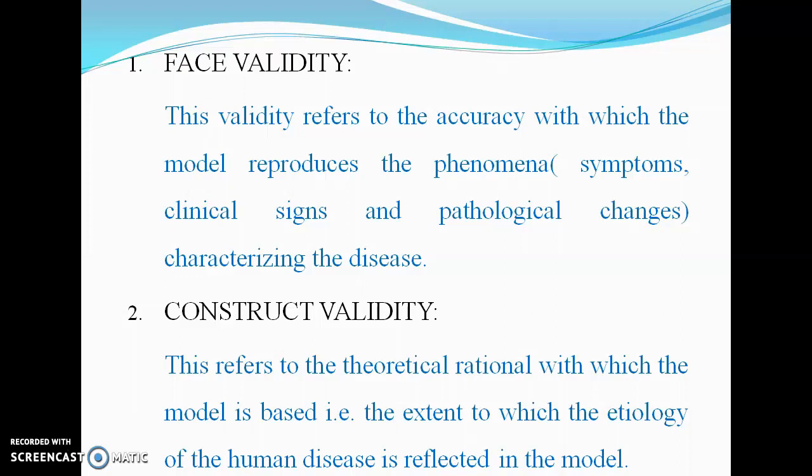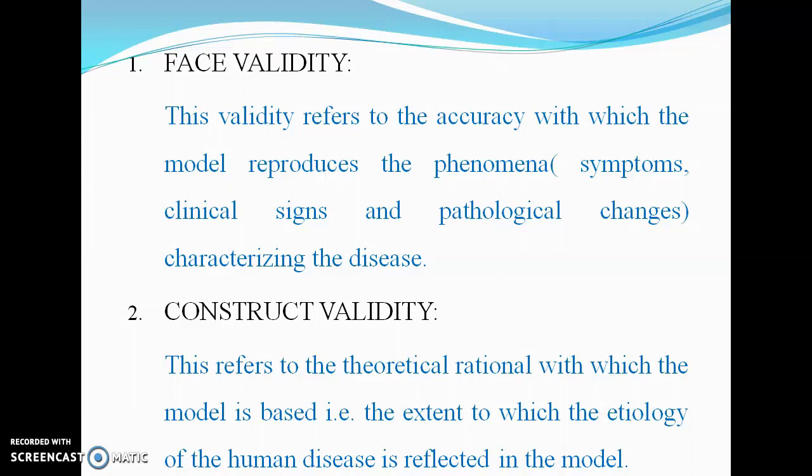Then next is the construct validity. This refers to the theoretical rationale on which the model is based, that is, the extent to which the etiology of the human disease is reflected in the model. While studying a disease, even the etiological reasons should be known.